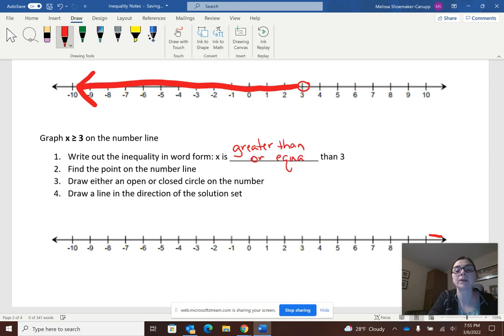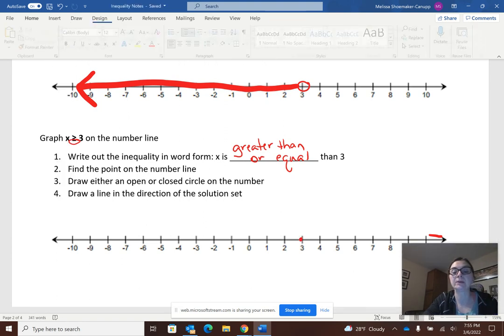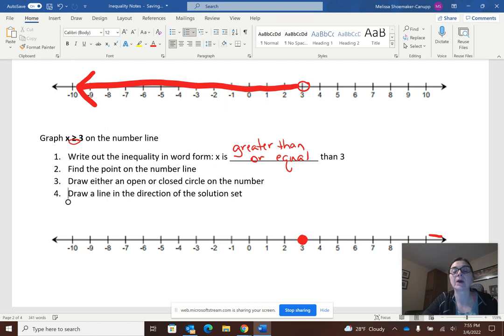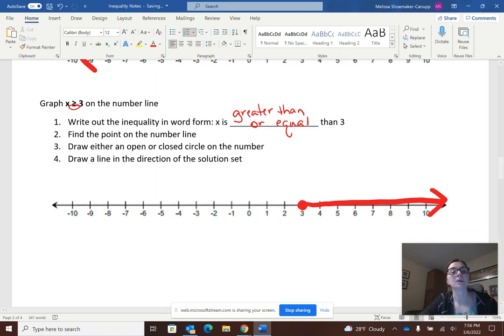Do you guys see why it's equal? Because we have the little line under there. So that means we have to color in the dot. So I can go to 3 on my number line. I can tell that my dot is solid and x is greater, so once again, I'm going to be going to the right.